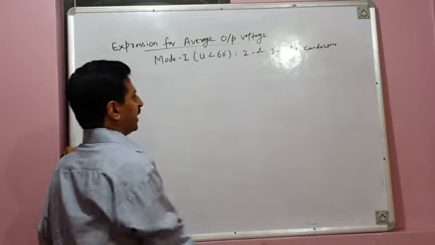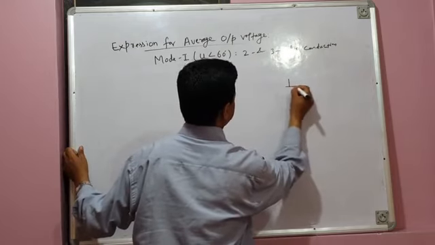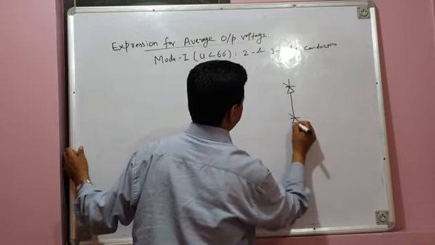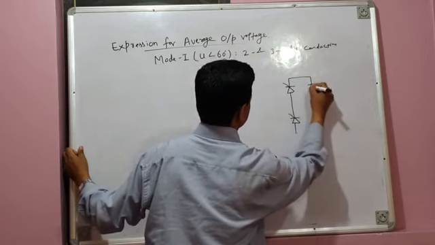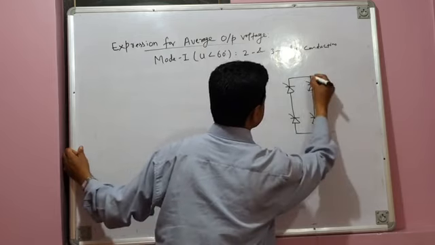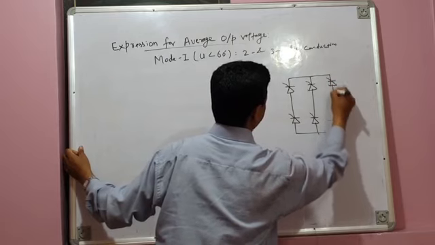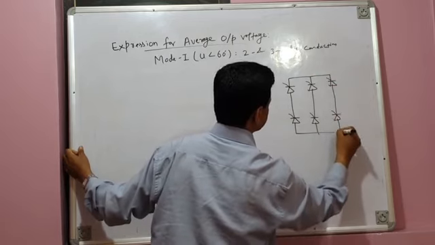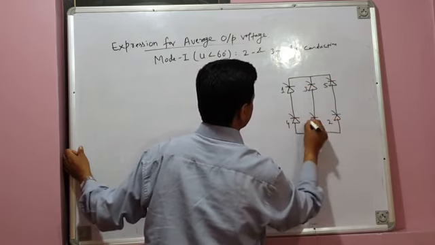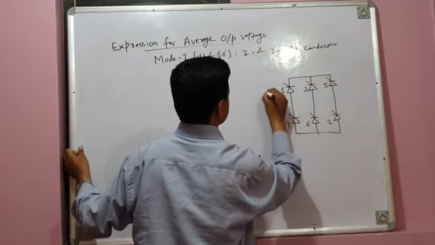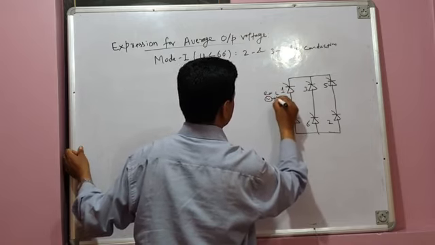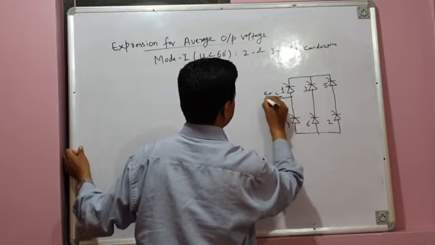Let us draw the power circuit diagram of the 6-pulse converter first, and then we will go for the derivation of the mathematical expression for average output voltage or average load voltage. So this is the power circuit diagram of our 3-phase 6-pulse converter. This is valve 1, valve 3, valve 5. This is 2, 4, and 6. This is phase voltage EA. This is source inductance L, and this is line current IA.